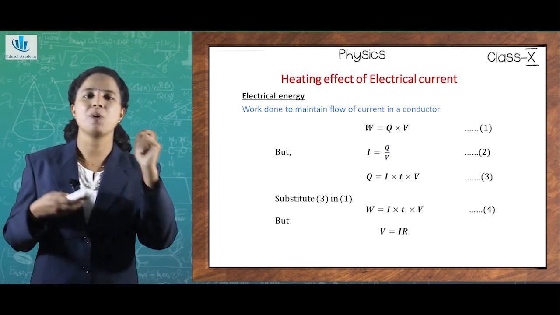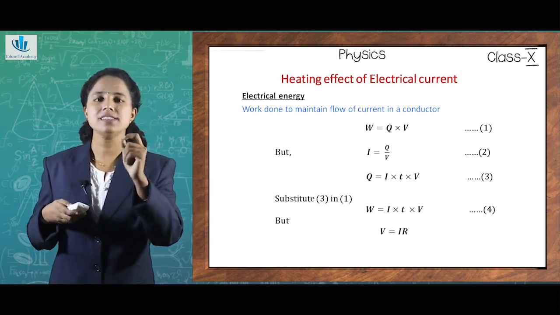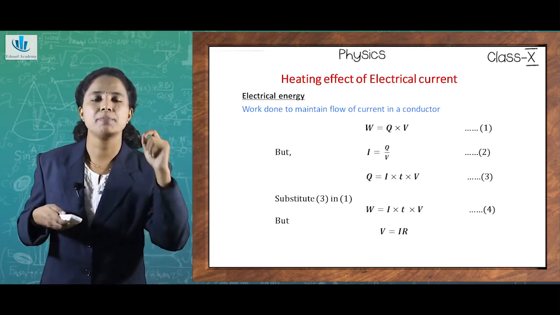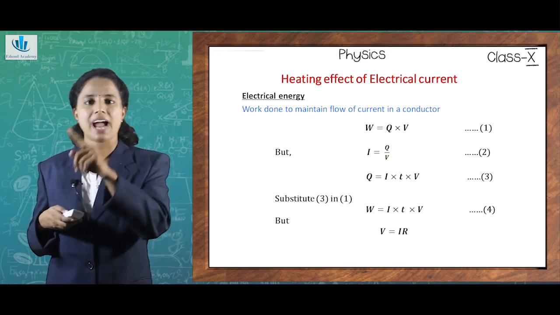Because you already know the formula for I: I is the charge Q divided by time. So, Q means I times time.